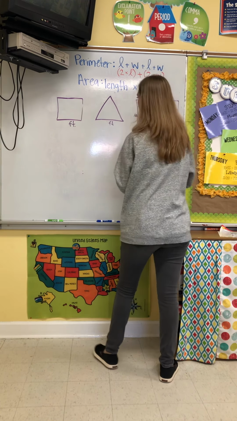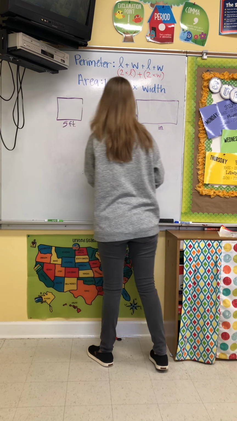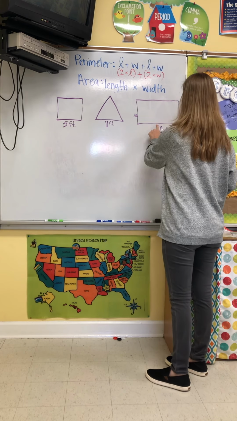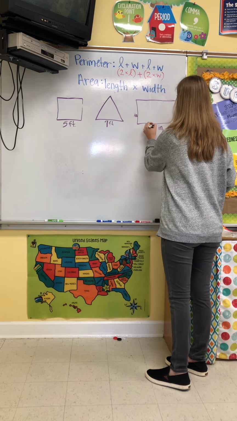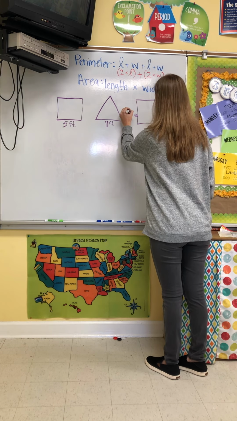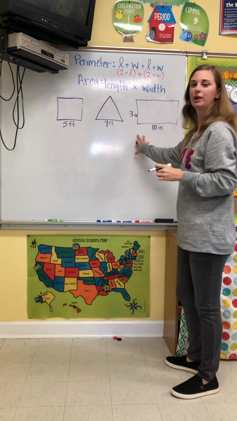Okay, this one, let's do 5. Let's do 7 for this one, and let's do 10 and 3. Okay, so these are the new numbers we're going to work with.